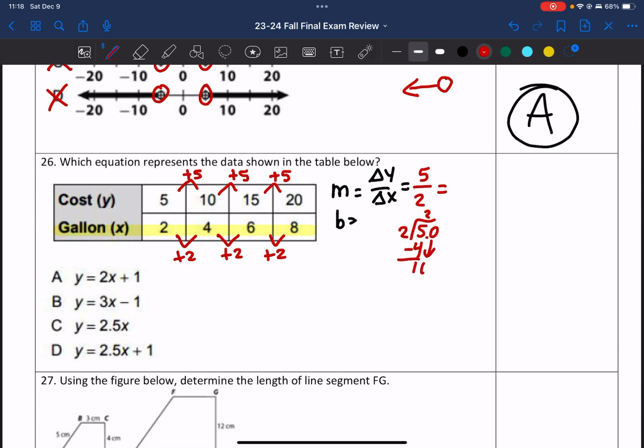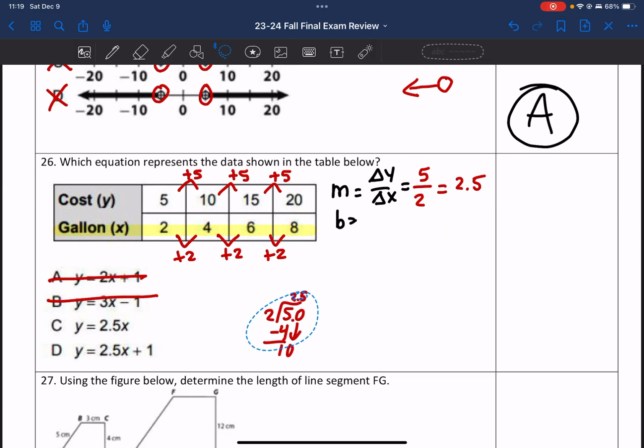Add a decimal and a 0, 2 can go into 10 5 times, that would be 2.5. So in other words, what you could have done is y divided by x, right? Okay, cool. Let's move on. So here, there's 2 options I can go ahead and eliminate, a and b, because they do not have my m as 2.5.